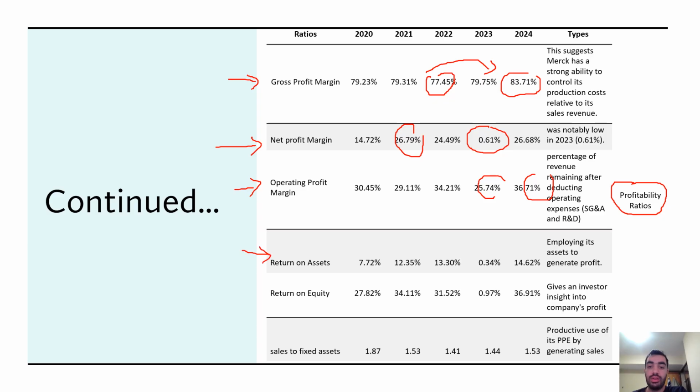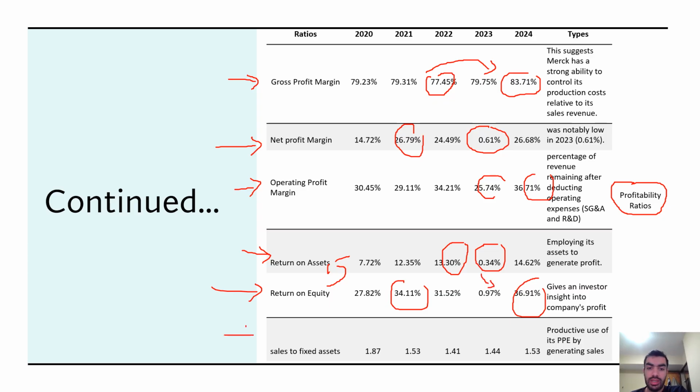Now we see return on assets is high in 2022, but with a sharp dip in 2023, highlighting asset profitability concerns in that year. Return on equity is another profitability ratio, mirroring return on assets, peaking in 2021 and 2024, but with a significant drop in 2023.